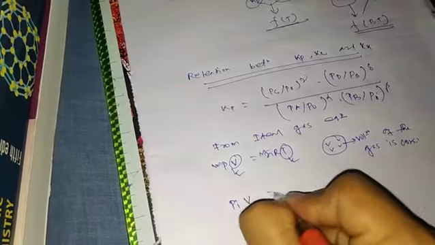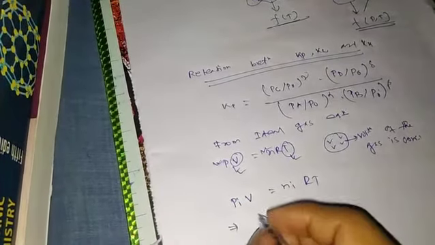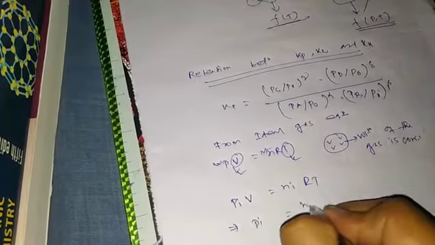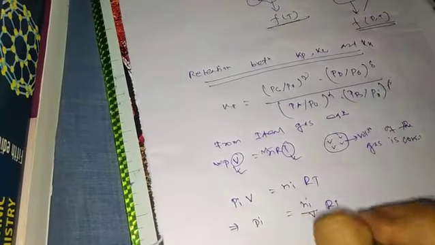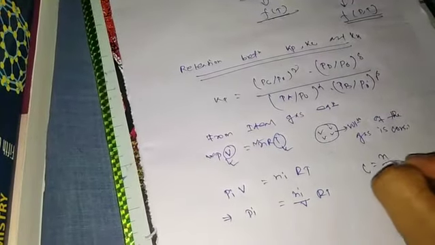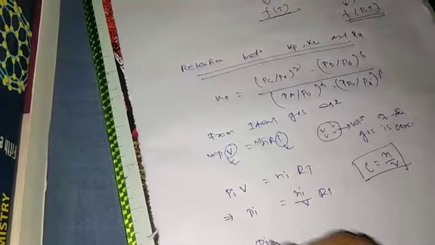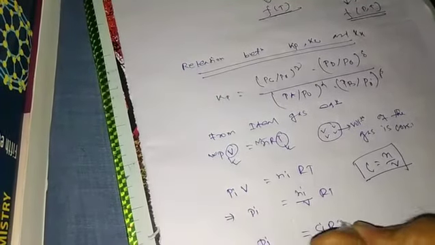So for the ith gas, Pi V equals Ni RT, so Pi equals Ni by V, and we know that concentration equals number of moles divided by volume, so Pi equals Ci RT.